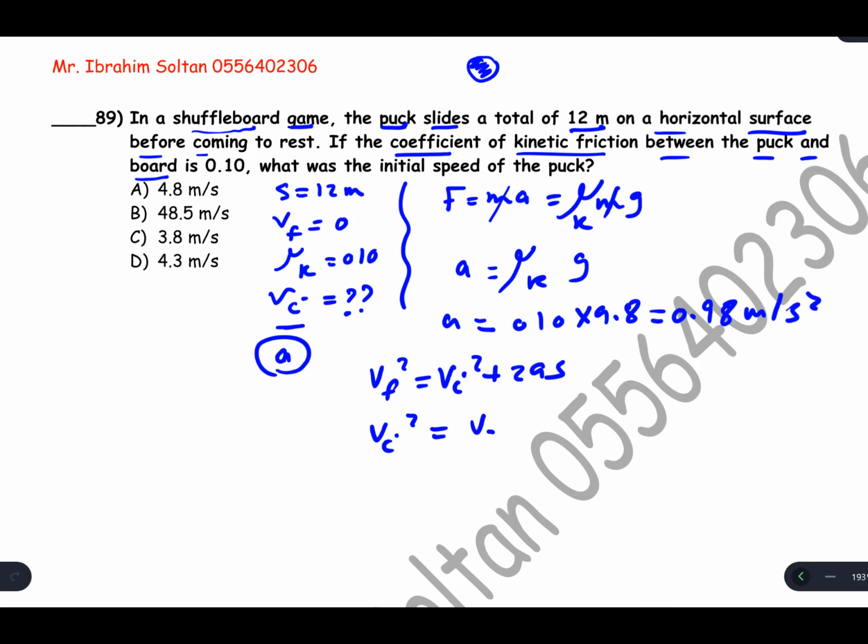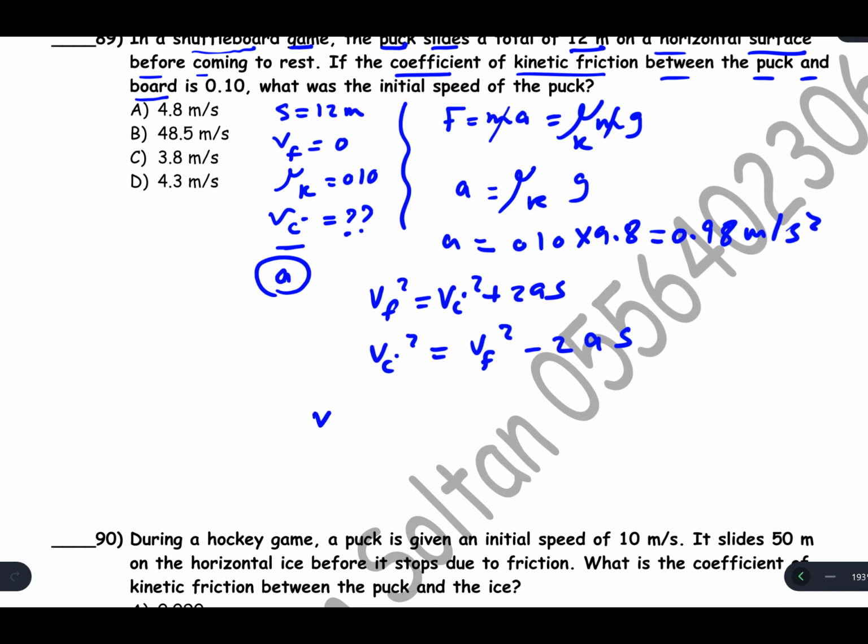You need to calculate v initial squared equals v final squared minus 2as. Right, guys? V initial squared equals v final squared, we said 0, minus 2. And as you see, it is deceleration, negative acceleration, right? Because the final speed is 0. So negative 0.98 times s, 12 meters.